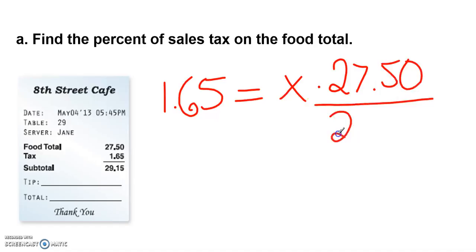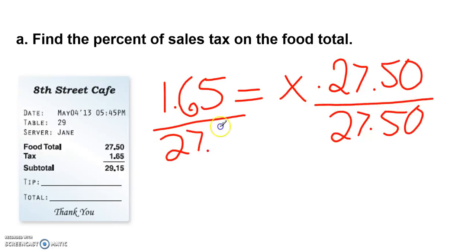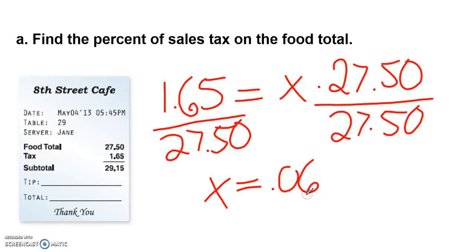So you would divide by 27.50, divide by 27.50, and you are going to get that x equals 0.06, which we should know anyways, without doing this problem, that sales tax is usually 6%. Okay, because I moved this over twice. All right, and let's move on.